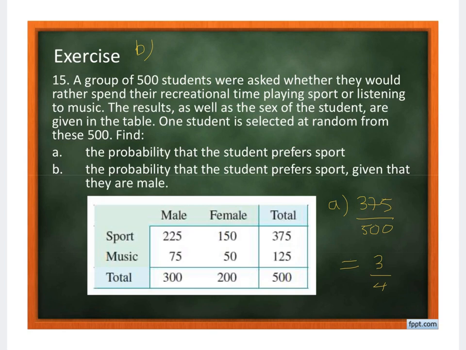So male and sport here is 225 over 500, equals 9/20.